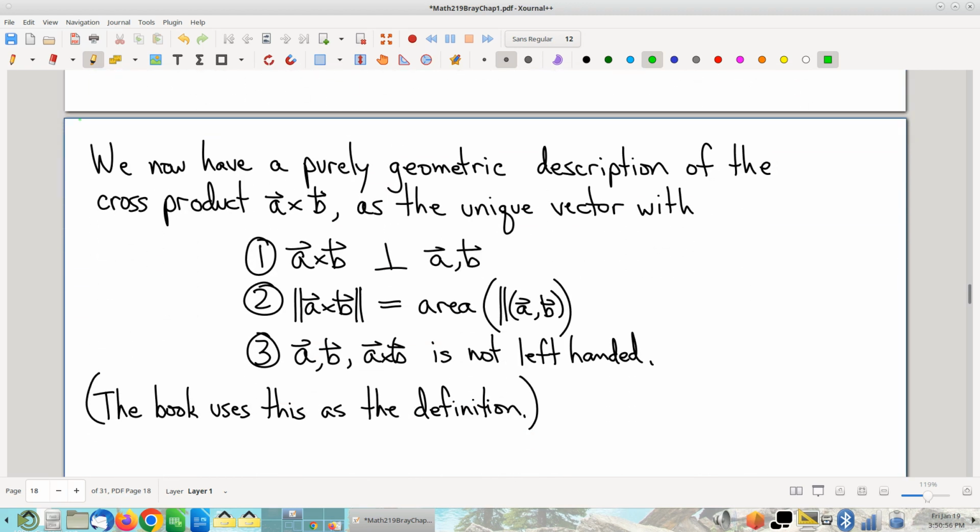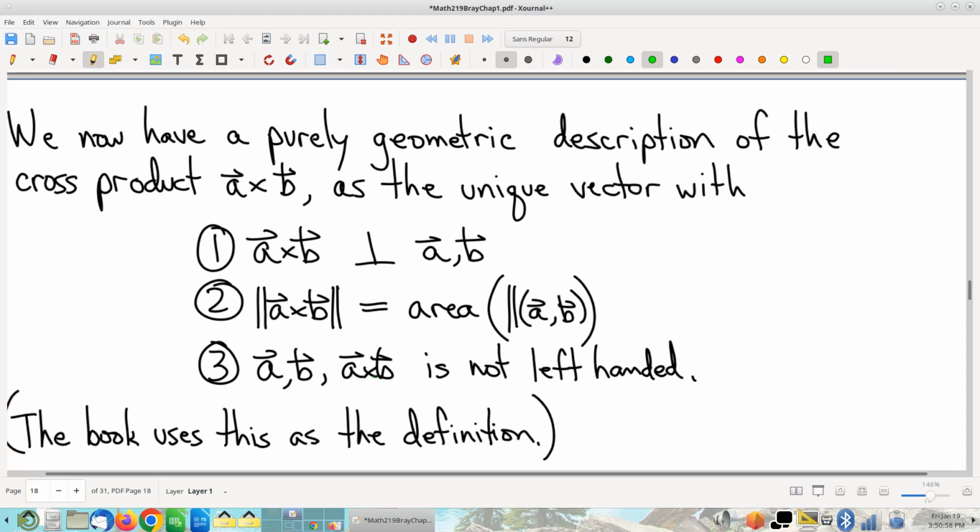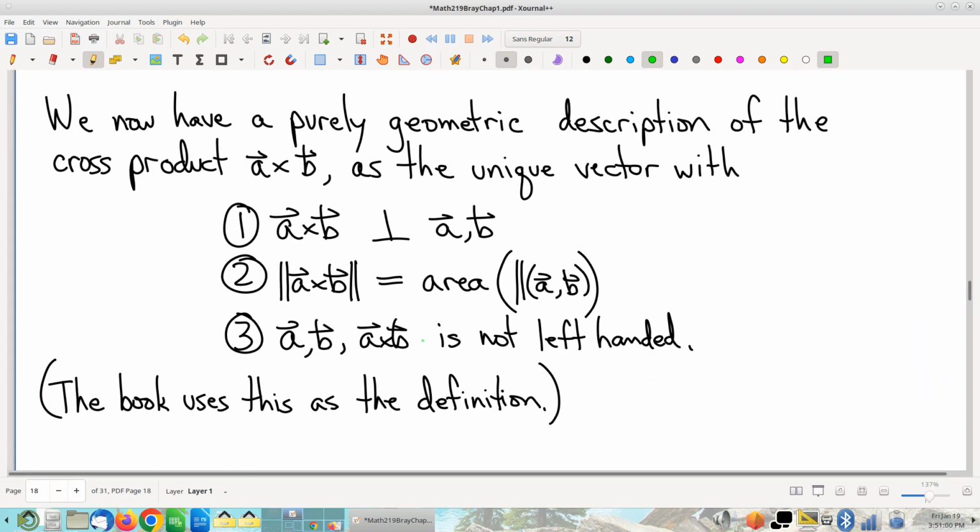Okay, moving along. So our book takes a different point of view. I think I mentioned this in a previous lecture, probably last time, that when you talk about cross products and determinants and clockwise, counterclockwise, right hand, left hand, there's a million facts that all relate to each other in various different ways. And it's kind of like the traveling salesman problem of how do you get from all of these, what's the best pathway through all of these ideas?